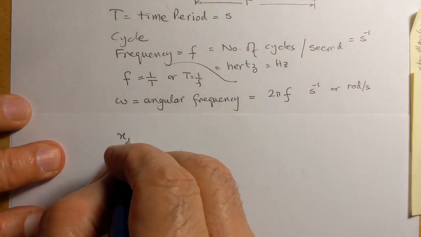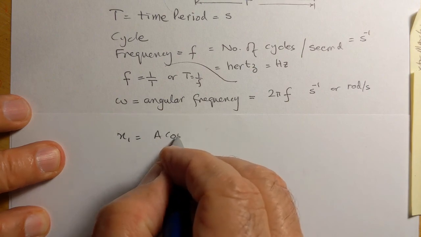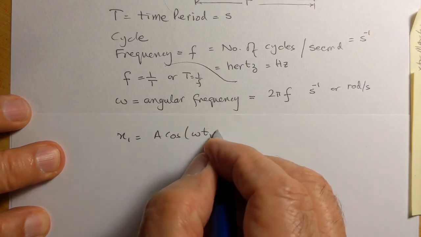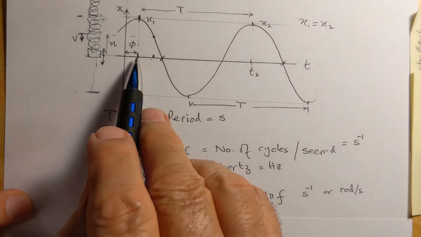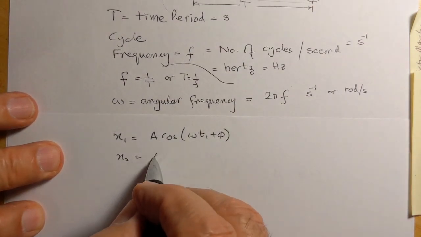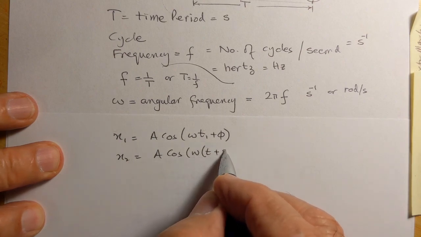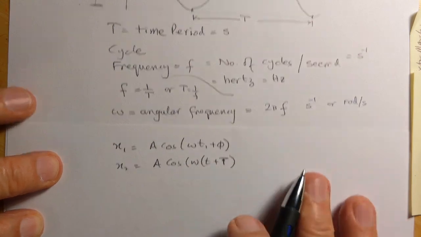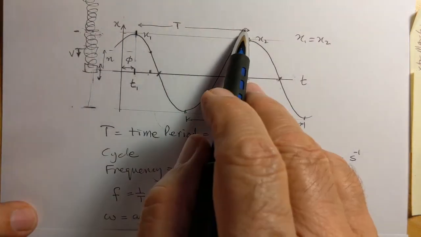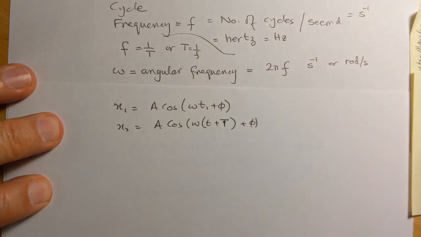So let's write the value for x1. x1 is going to be a cosine of omega t1 plus phi. That's the value at t1. And x2 is a cosine of omega times t1 plus a time period T, because from here to here is one time period, so we'll add that here, plus phi.